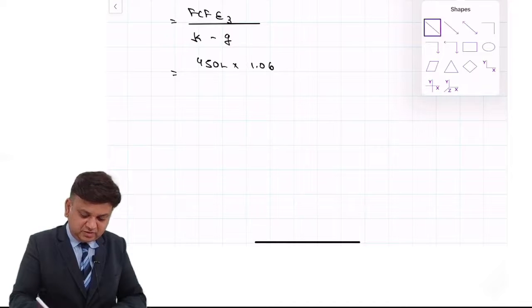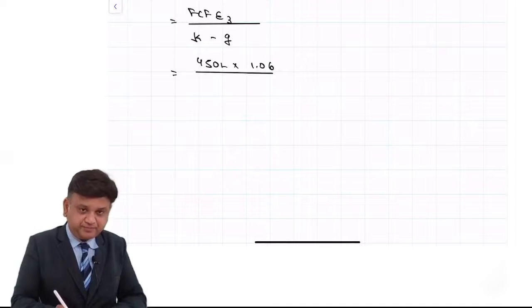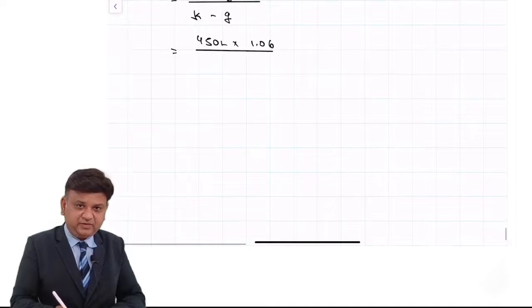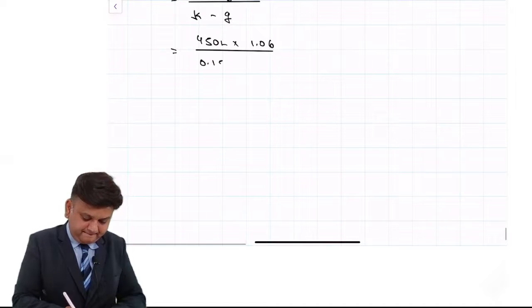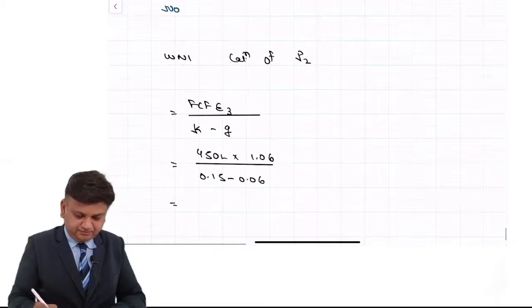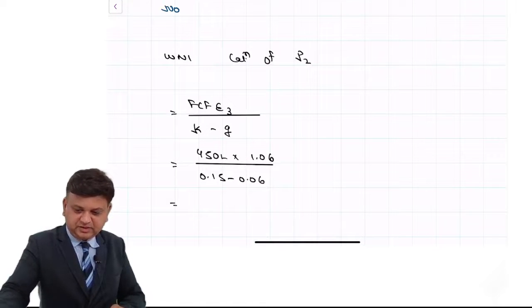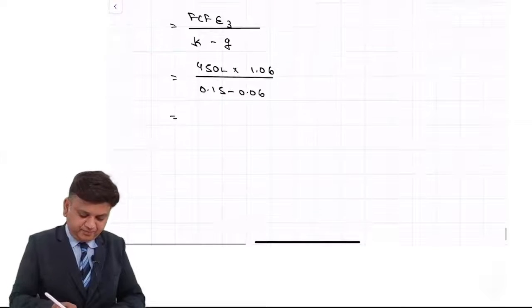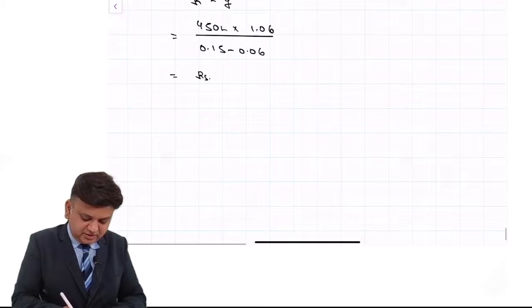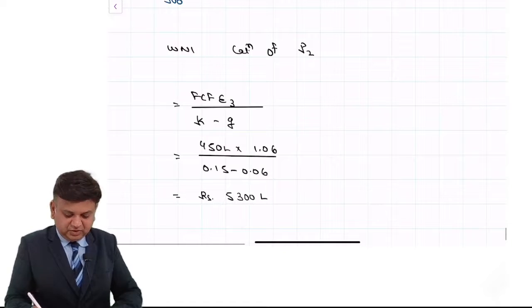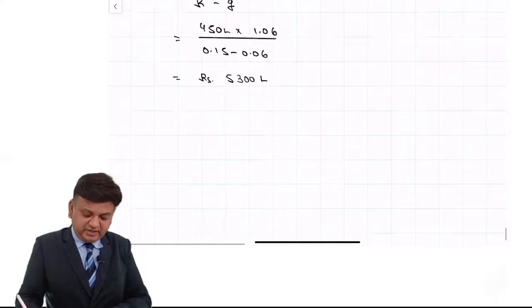So divided by cost of capital minus growth rate. Cost of capital is 0.15, growth rate is 0.06. 450 into 1.06 divided by 9%, that is rupees 5,300 lakhs. This is the year 2 end value.